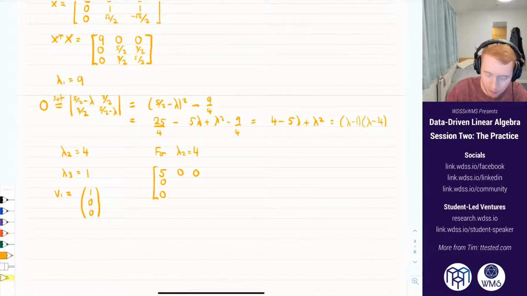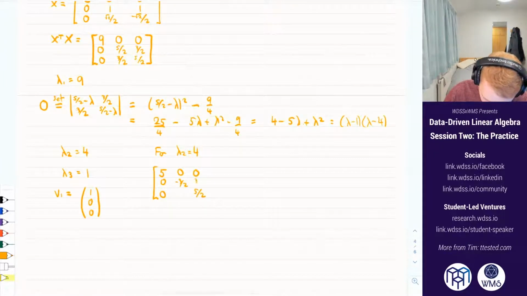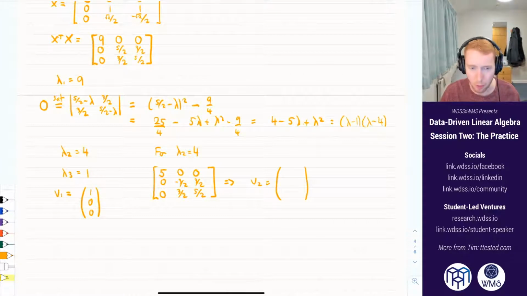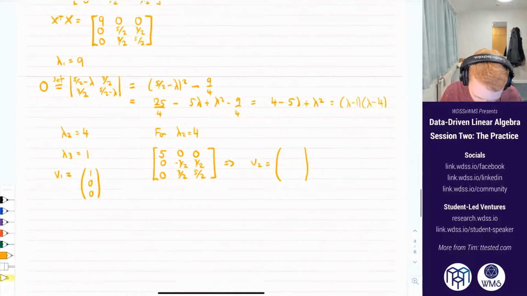Hopefully you're fairly familiar with this sort of process. 5 over 2, 3 over 2, 3 over 2. And then that implies that the eigenvector for V2 is going to be, what's that going to be? Well, we're going to have to add that and add that. Oh, wait, sorry. Forgot to take off this here.